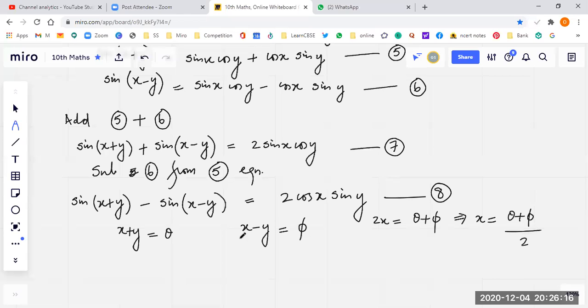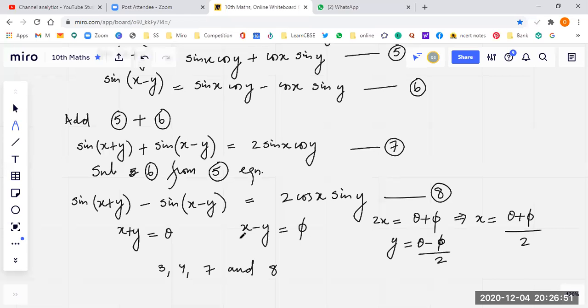Similarly, you subtract this from this, so you will get y is equal to theta minus phi divided by 2.